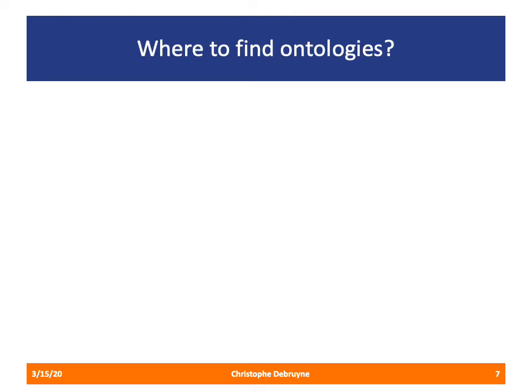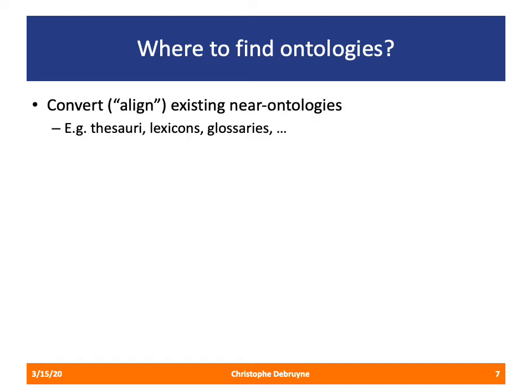If you're lucky, an ontology already exists that you can use. But what if that's not the case? Well, one approach is to look for resources that can be considered near ontologies, such as thesauri, lexicons, glossaries, gazetteers, which contain a bit of structure that you can convert or align into an ontology.